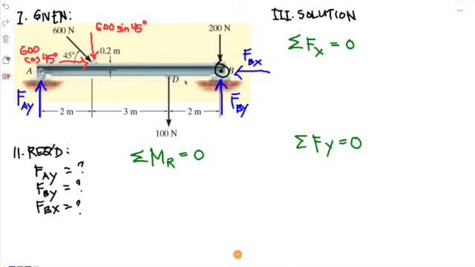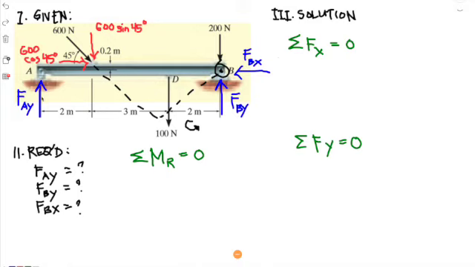So what will have an effect? A turning effect, or a moment. The 100 newtons here will turn it anticlockwise. The 600 newtons here, if we take it here and find the perpendicular distance to point B, will also turn it counterclockwise.